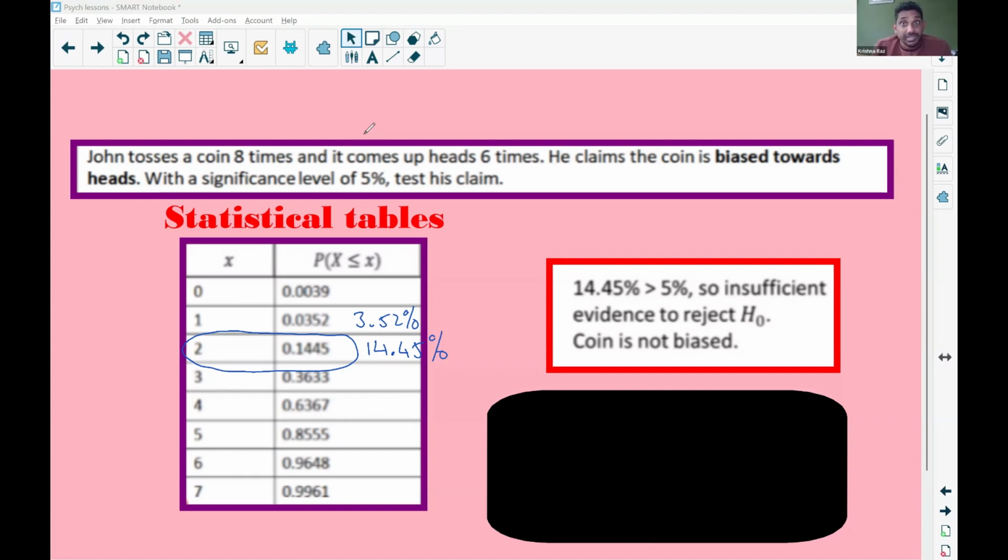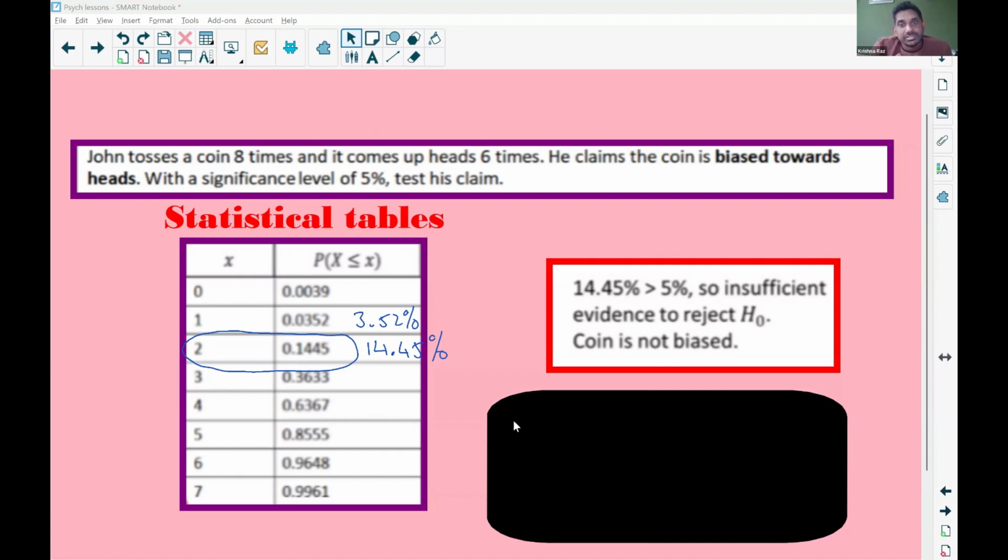Therefore, we could have rejected the claim that the coin was fair, and then we could have agreed with John and said, yeah, this coin does seem biased. So the critical value given to us there would have been 1. So anything that was 1 or less would have meant the coin was biased.